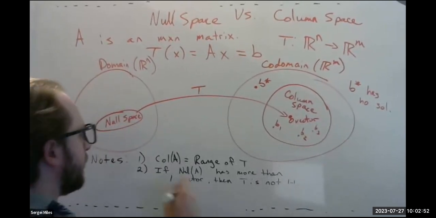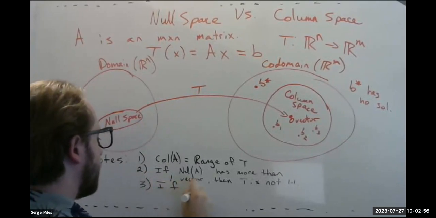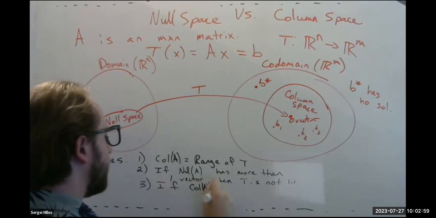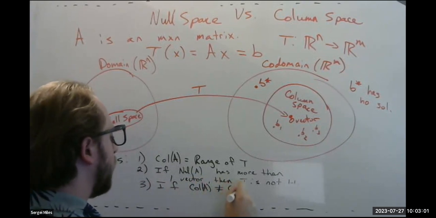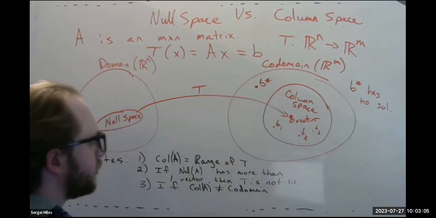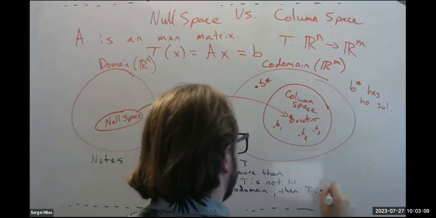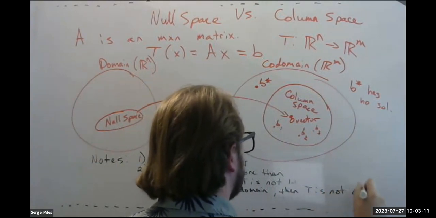And then thirdly, if the column space does not equal all of the codomain, which can happen, maybe there's some B which doesn't have a solution, then T is not onto.